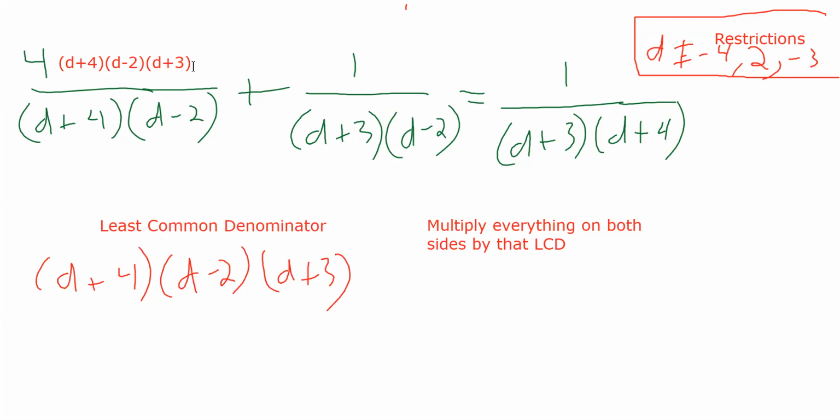When I multiply both sides, I have to do it to this fraction here, also to this fraction here. And now this one also gets hit with that least common denominator. And so does the last fraction here. Everything gets hit by it.